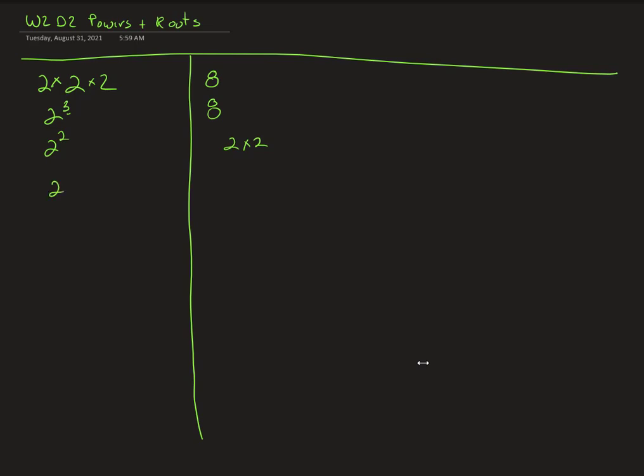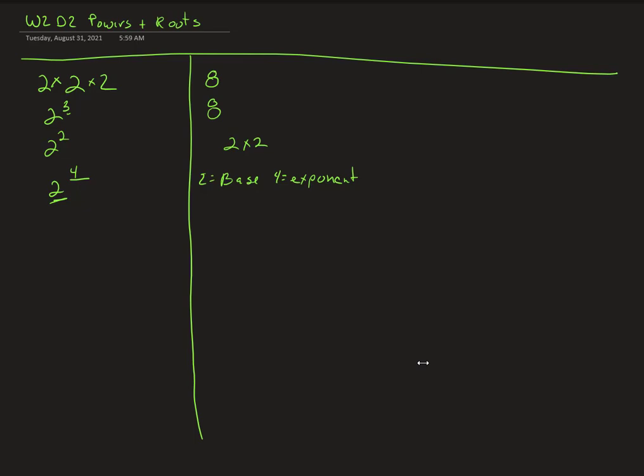We'll take this number, 2 to the fourth. We call the 2 the base, so this is the base. And we call the 4 the exponent. So the 2 is going to equal the base, and our 4 is going to equal our exponent.